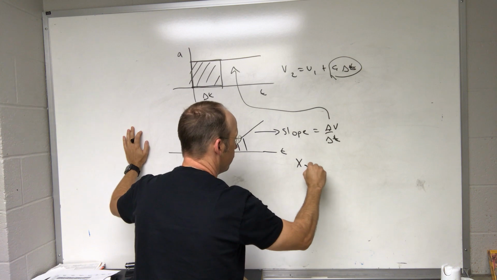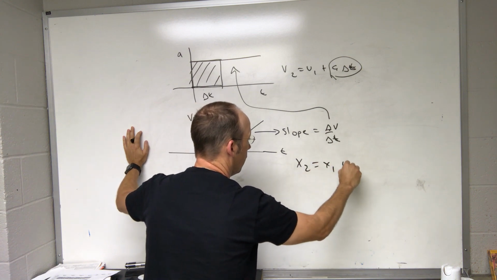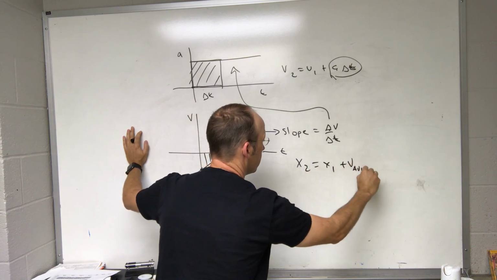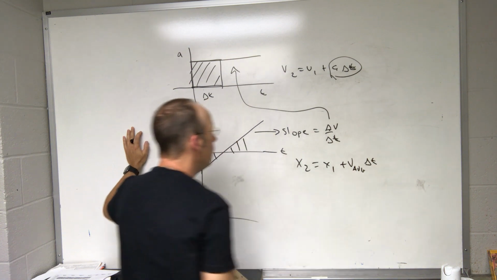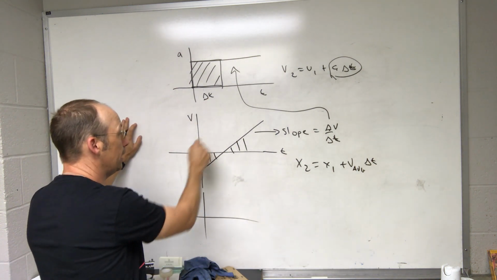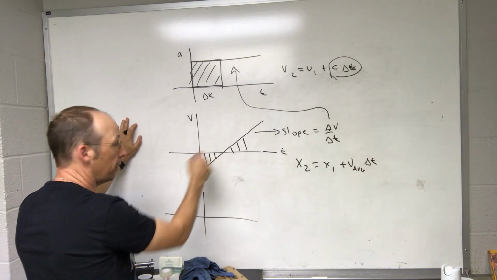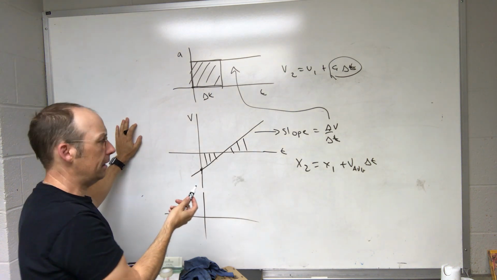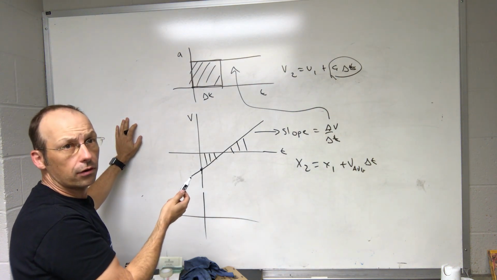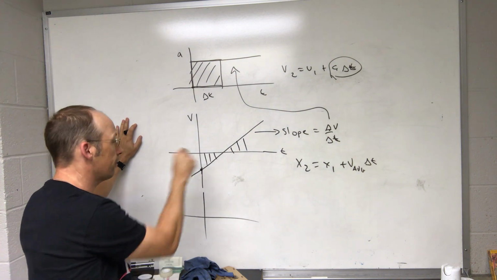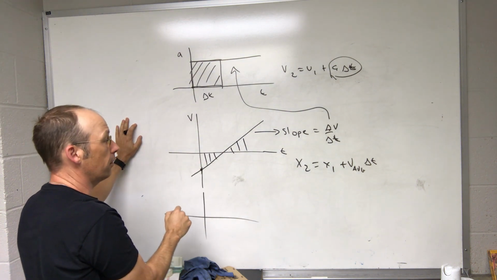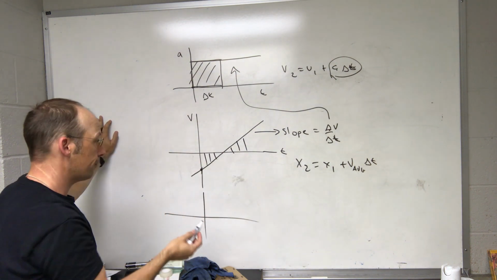Finally, we can say the same thing over here: the area under this curve, since x2 equals x1 plus v average delta t. V average in this case would also be the area. It's a slope, but that's like finding the area of a triangle because we're doing v1 plus v2. But the area under this curve is also the position traveled.